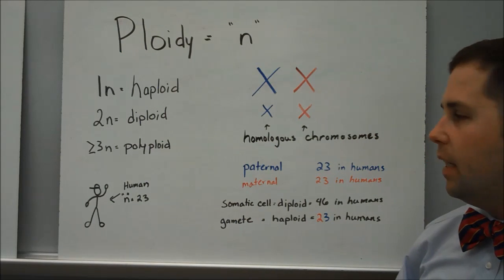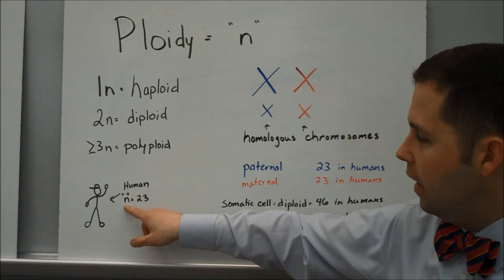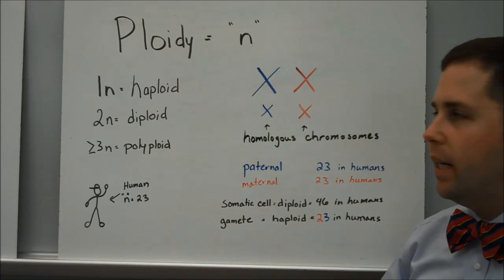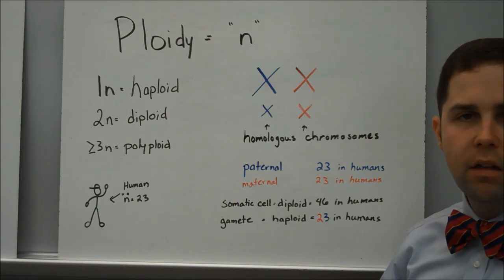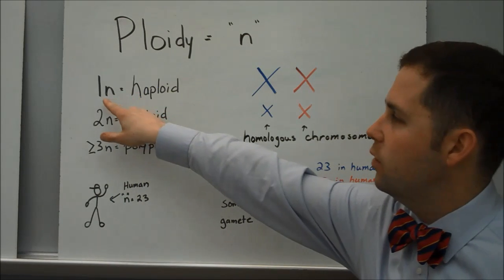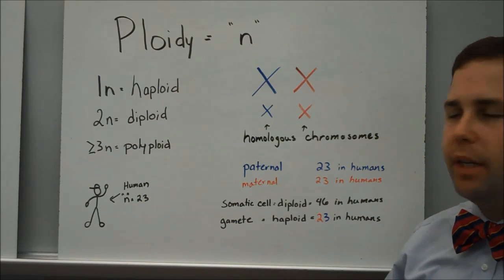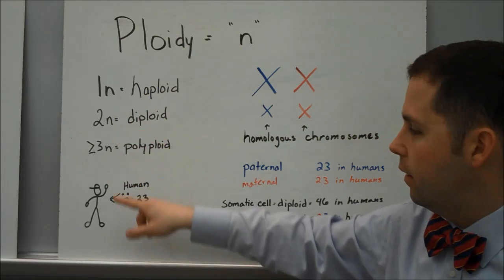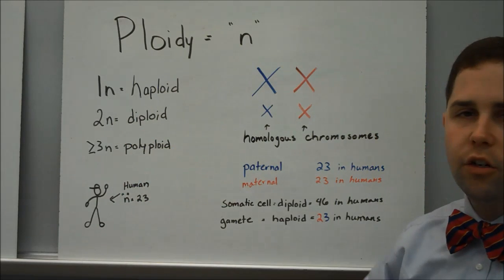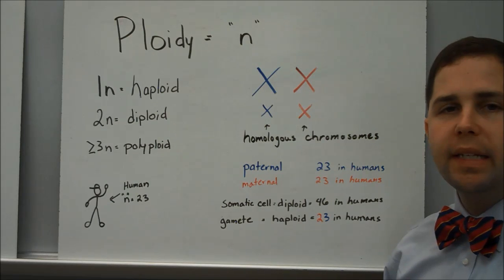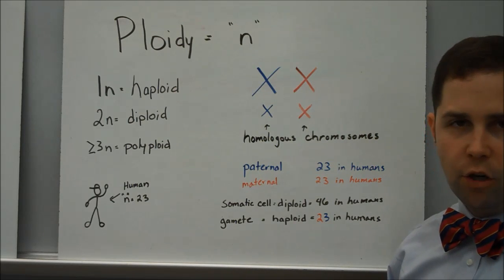So in a human being, N is 23. There are 23 chromosomes that make up an N. So a haploid human cell is 1N. It has 23 chromosomes. A diploid human cell is 2N and has 46 chromosomes. Now, most of the cells in our body are normally diploid, with 46 chromosomes.